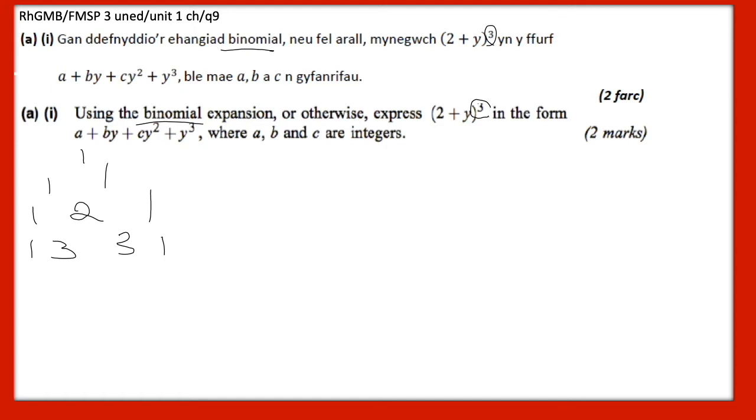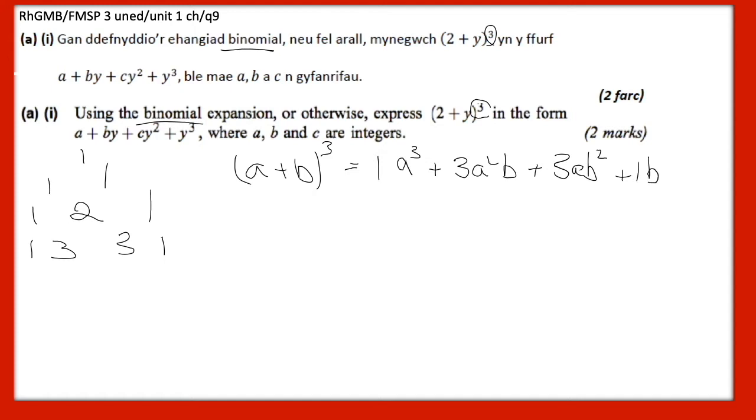So anyway, if you have a plus b to the power 3, then the triangle will give you the coefficients, and your first term descends in power and your second term ascends in power, and so this is what you should get.